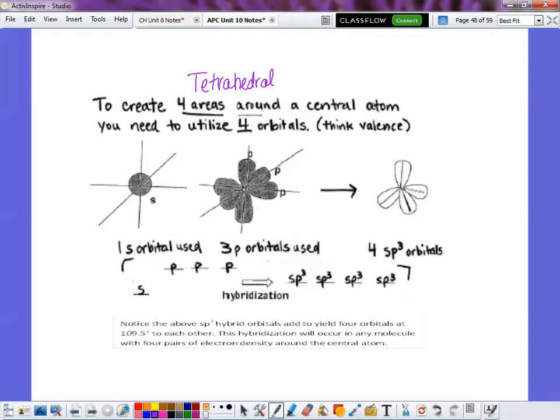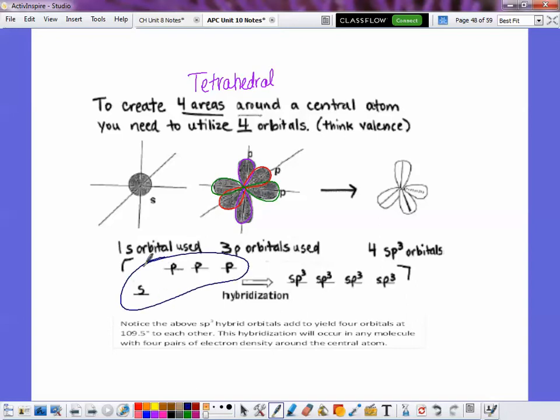Here it's kind of hard to see, but we have a p orbital along the y-axis, one along the z-axis, and one along the x-axis. Again, it's a 2-dimensional drawing representing something 3-dimensional. So we need that 1 s and those 3 p's.